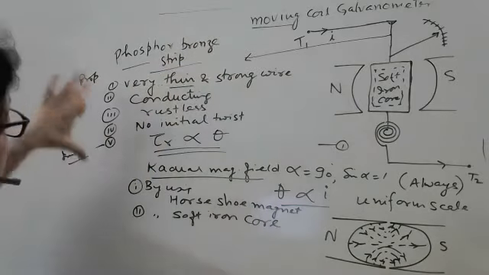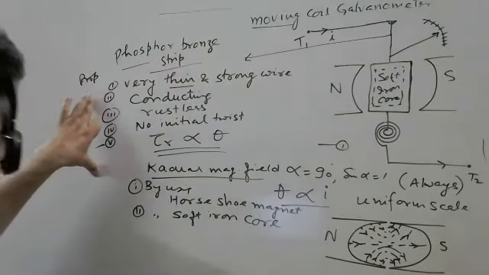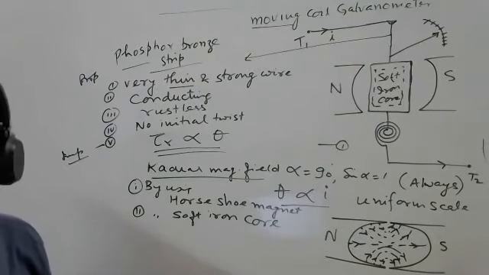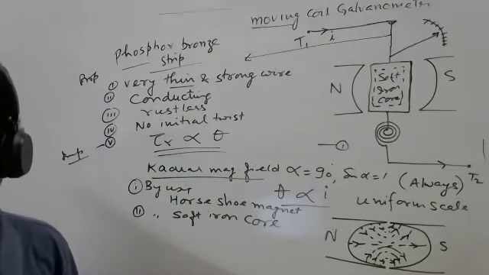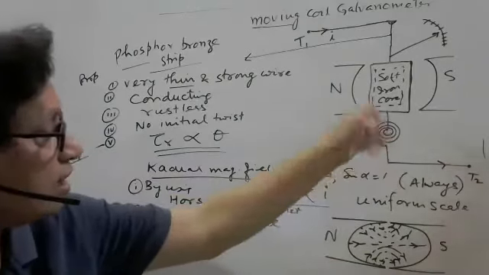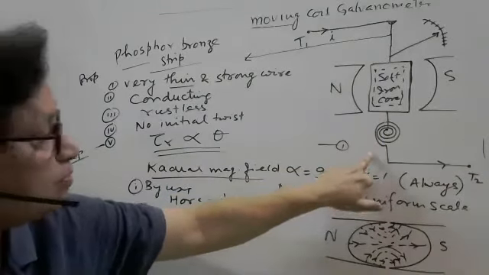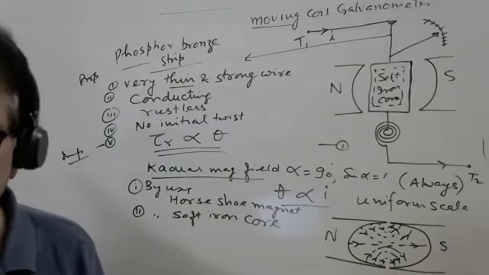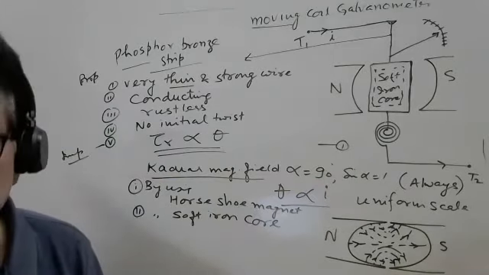These are the conditions that must hold. These are the properties here. Got it? At the same time, for the restoring torque, the spiral type spring is also helping.